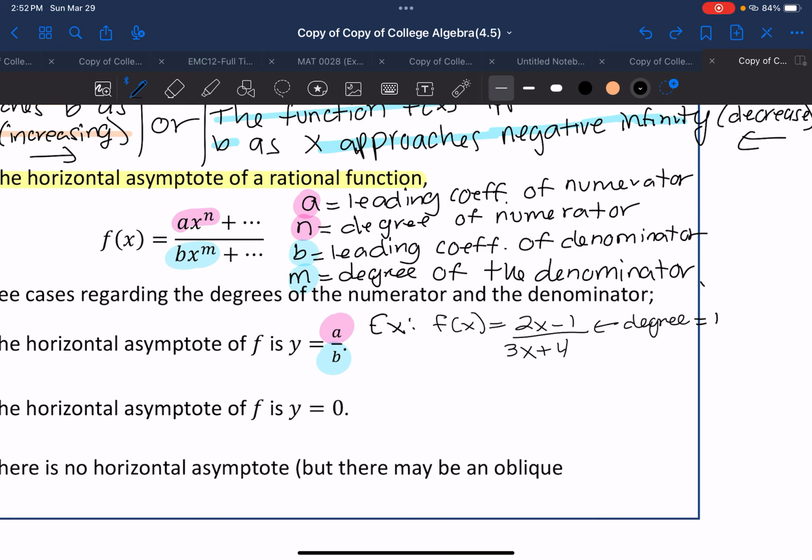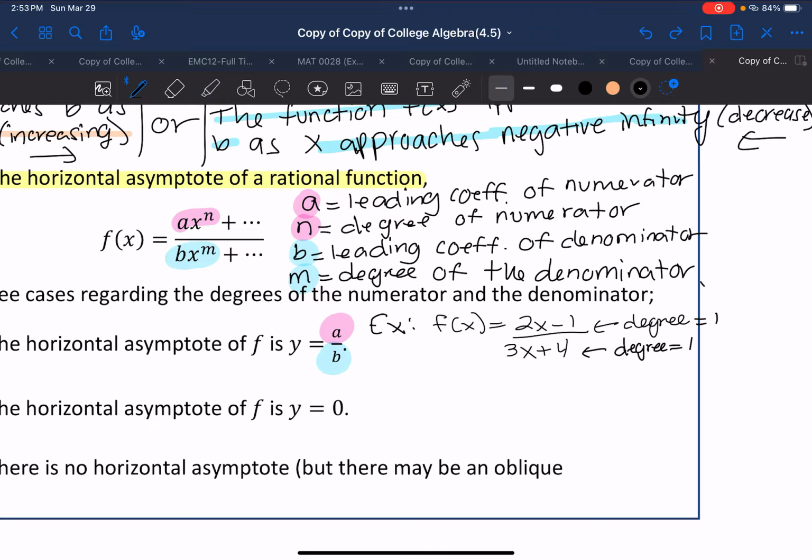That's the highest exponent. And the degree on the denominator is also 1 because of that invisible exponent on x. We just don't usually write it if it's 1. But they're both just linear polynomials, so they have the same degree.